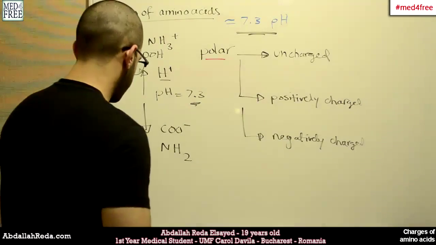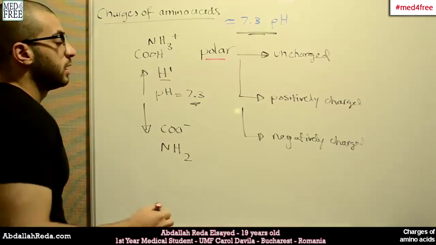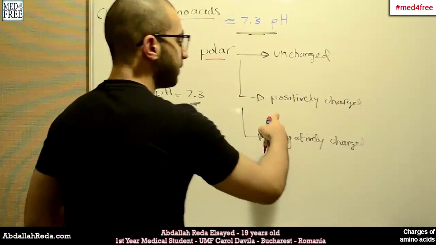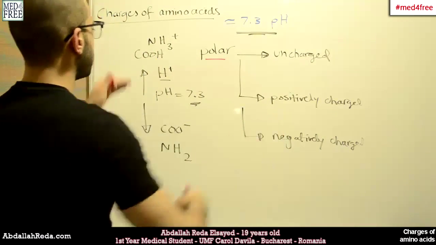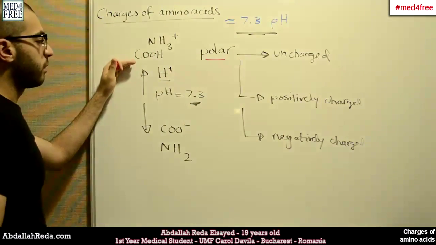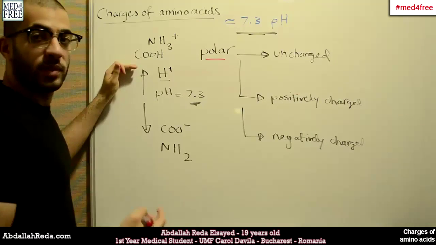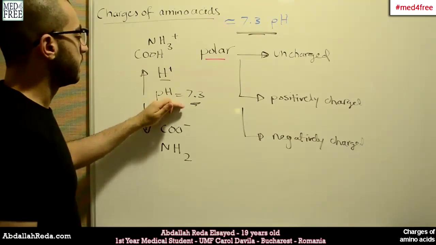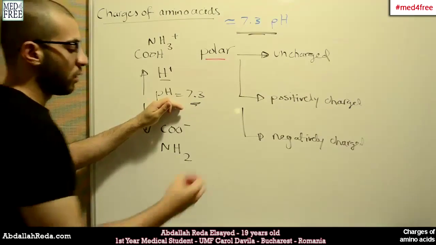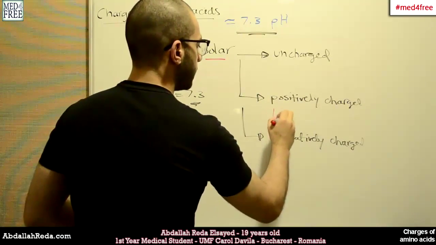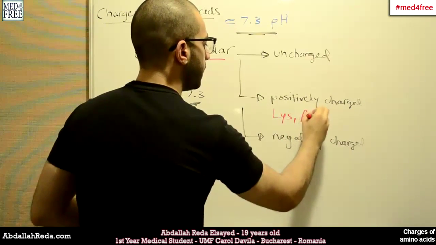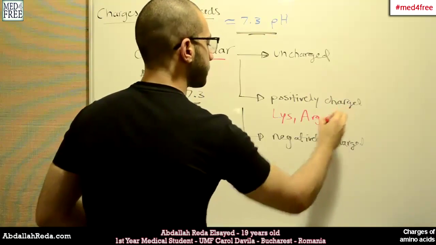So let's classify the amino acids. Now for the positively charged ones, we will be talking about amino acids with a pI higher than 7.3. So these are lysine, arginine, and histidine.